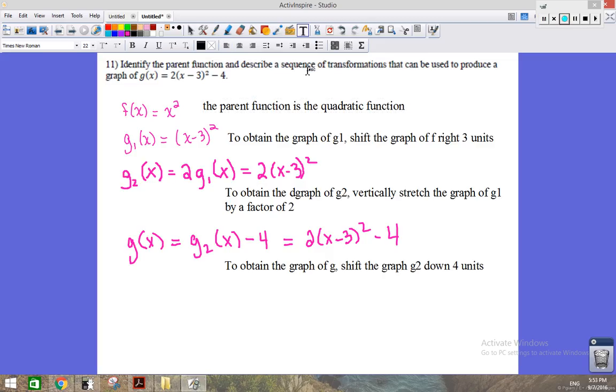And describe the sequence of transformations that can be used to produce this new graph. So this sequence of transformations was these individual steps. Take the original parent function and shift it to the right 3 units. Then take that resulting graph and vertically stretch it by a factor of 2. Then take that resulting graph and shift it down 4 units, and you'll end up with the correct graph. So I hope this helps.